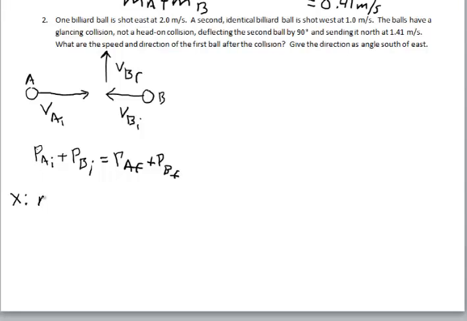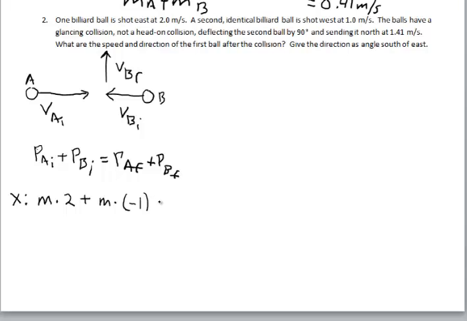Everything's identical, so momentum is m times v. I'm just going to call that m, for the mass of the ball, times its velocity, which is 2. So m times 2, plus the mass of the other ball, identical, times, and it's shot west, so we'll consider west as negative, this would be the negative 1 direction.